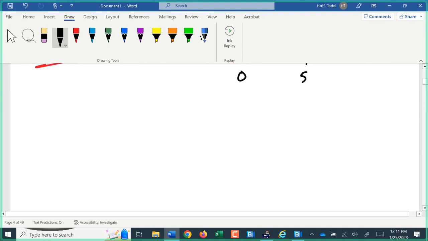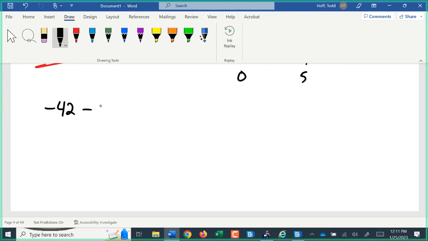But where this comes into play is if we have something like negative 42 minus 23. That can be confusing to think of, but if we change it to adding the opposite, remember the negative 42 doesn't change. The subtraction operates on the 23. So we change this to adding.